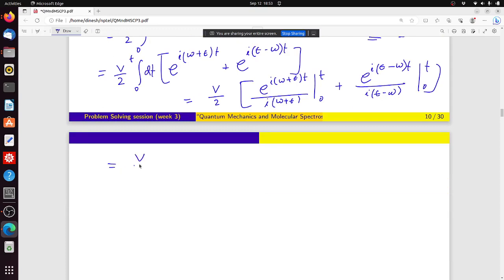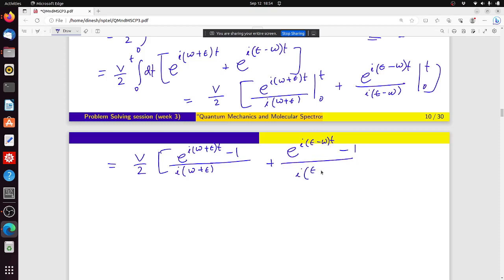Now this will give me V over 2, e to the power i omega plus epsilon t over i omega plus epsilon minus 1. I think this is the final.